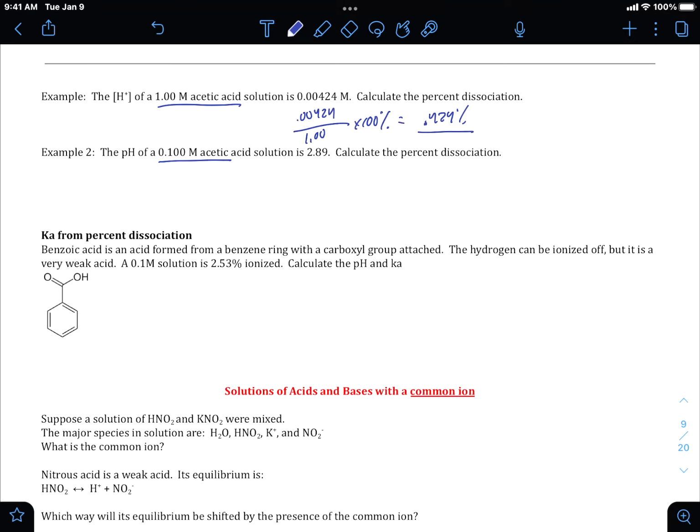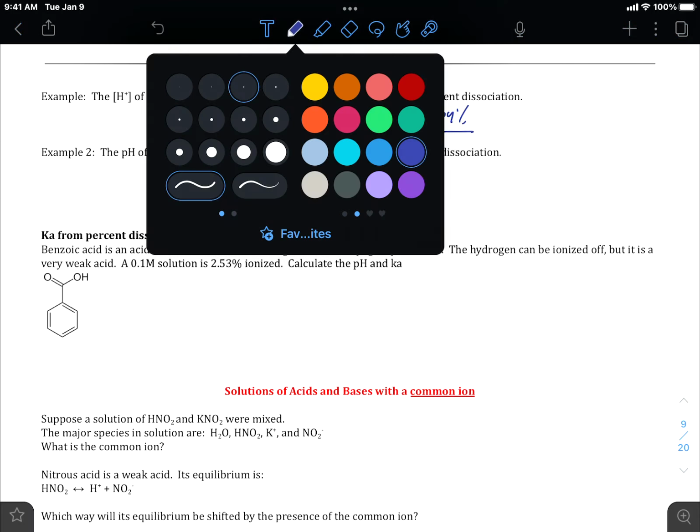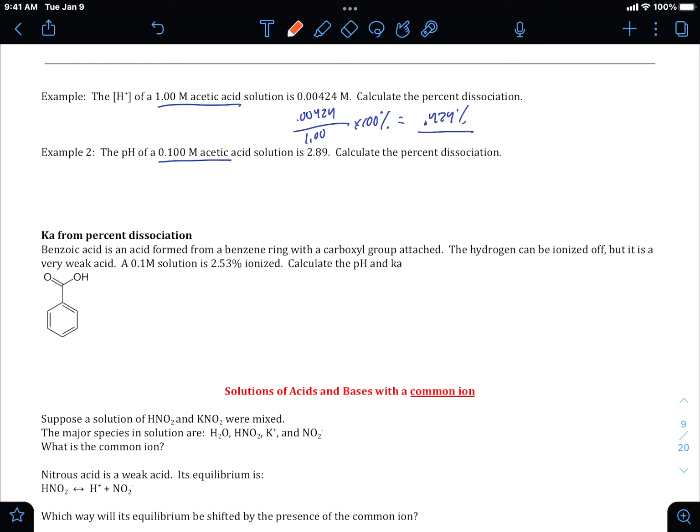But let's do this again. Here we have a 0.1 molar solution, and they're telling us the pH. If they tell us the pH, it's no big deal. We know that we can find the H plus, so let's do that first. The H plus concentration is 0.00129.